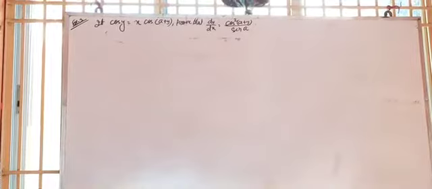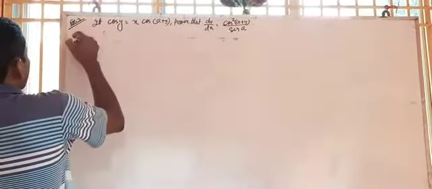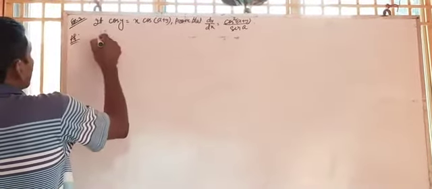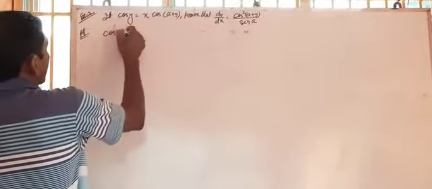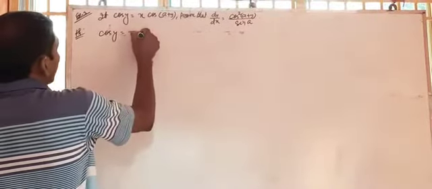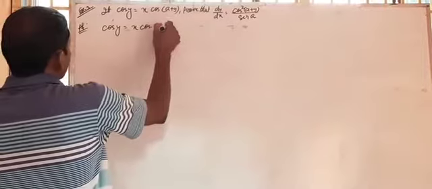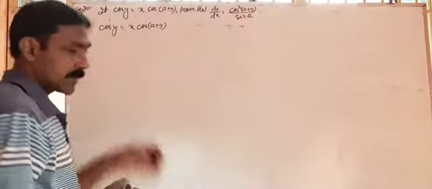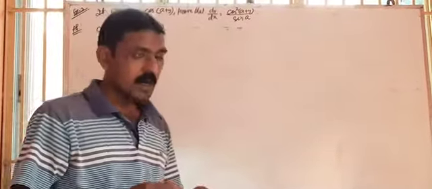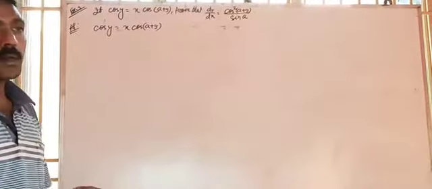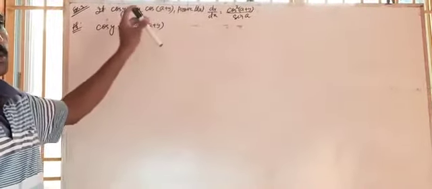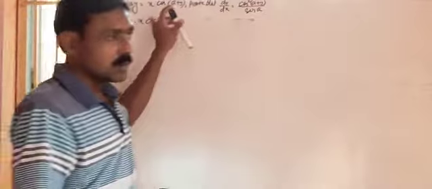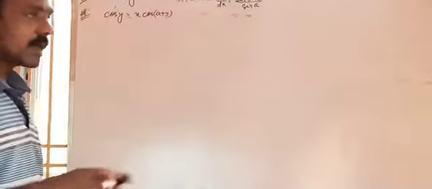Okay. So here again the proof: it is cos y equal to x cos a plus y. Now here you see that on the left hand side only y is there and on the right hand side both x and y are there. But here we can express or separate the variables.